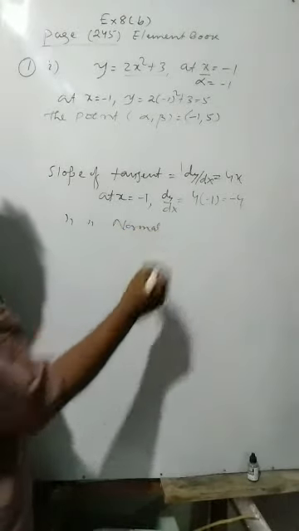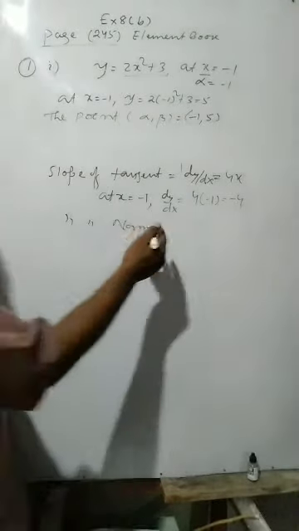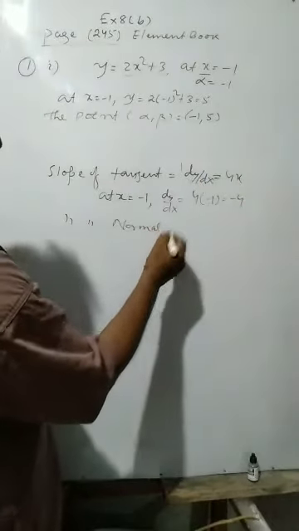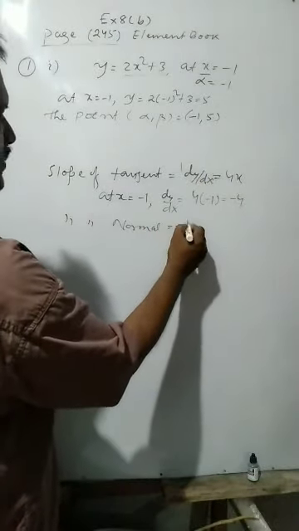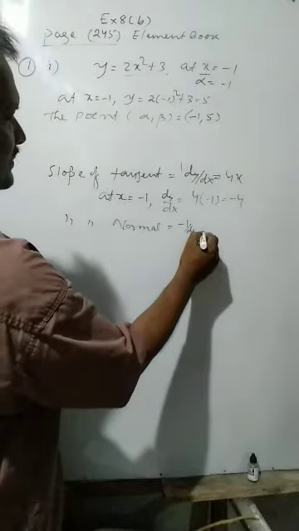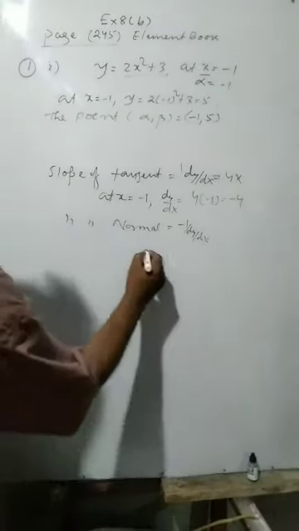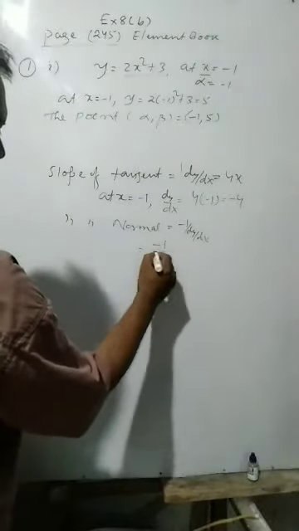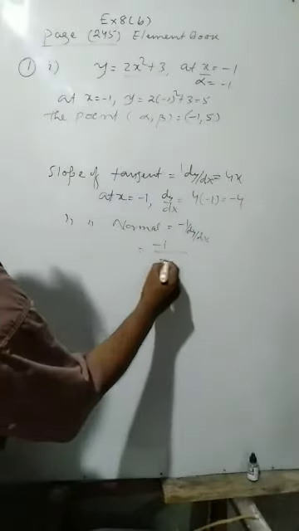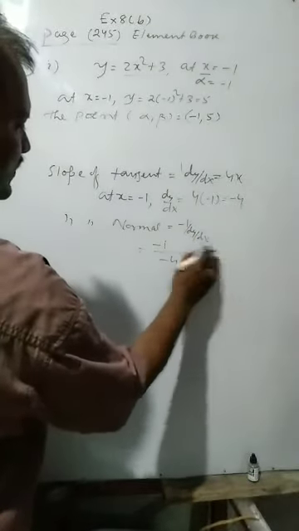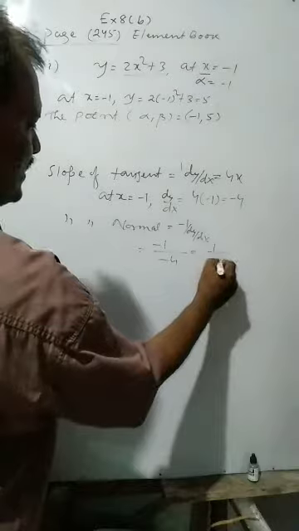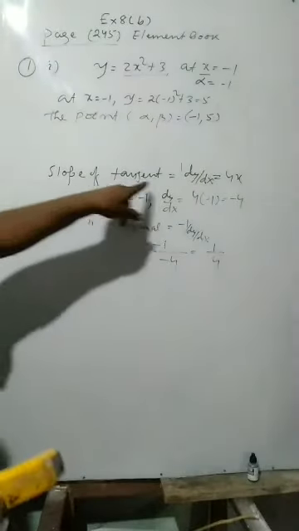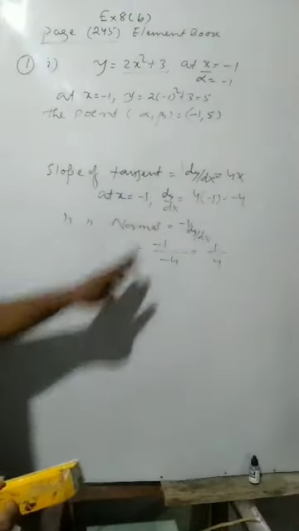The slope of the normal can be represented by -1 by dy by dx. So -1 by dy by dx equals -4, which cancels to 1 by 4. So the slope of the tangent and the slope of the normal came here, along with alpha beta.